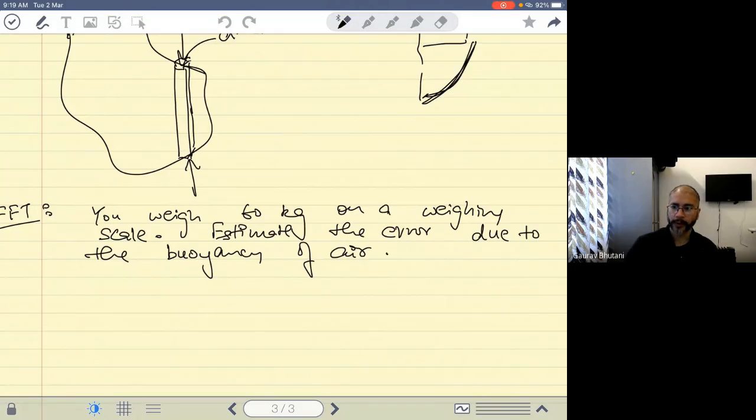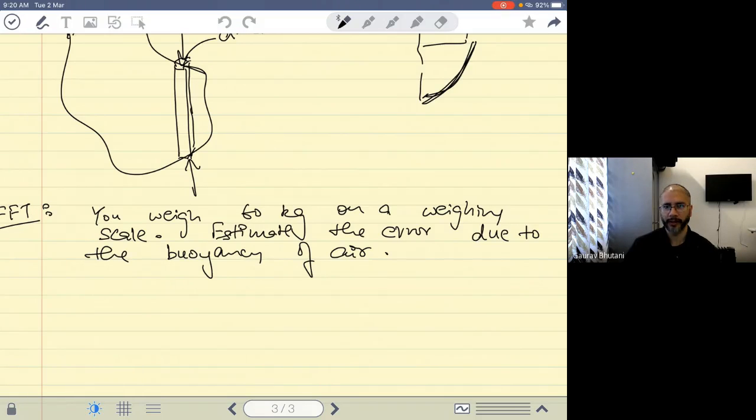Okay, so air is also a fluid, so you'll have to estimate the percentage error in the reading that you find out. So remember that when you're standing in air, the net force acting on you is mg minus that force of buoyancy because of air. So we assume that the FB is 0, but that is not the case.